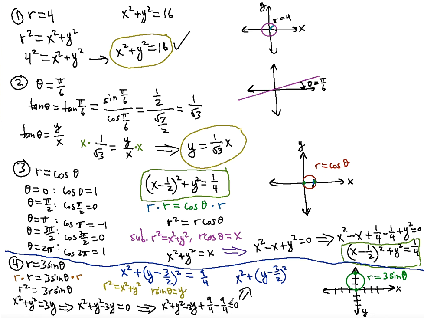And then negative 9/4 can be added on both sides, and it will be 9/4 positive on the right side. And that's exactly, guys, what we suspected. There we go. So this is the rectangular representation of the equation that was given as the polar equation r is equal to 3 sine theta.